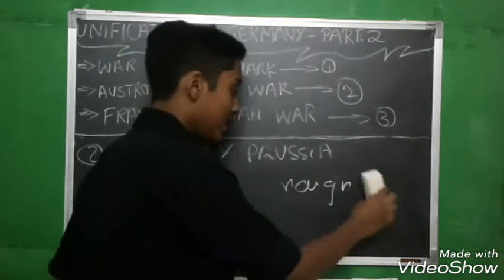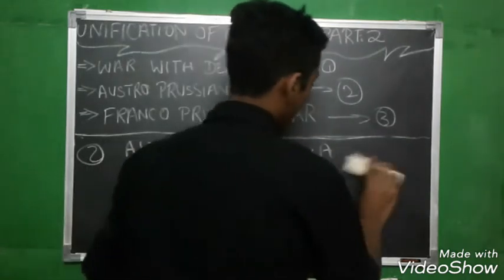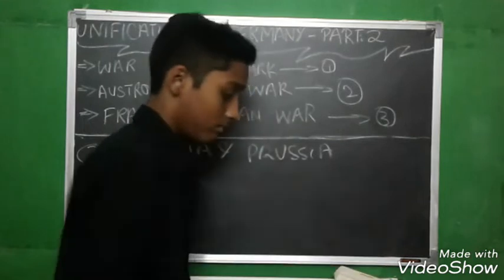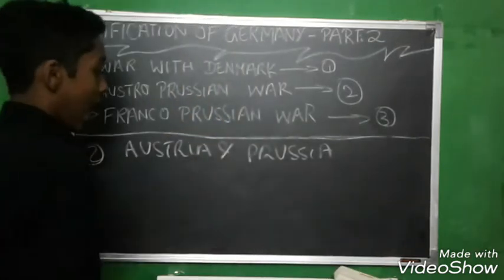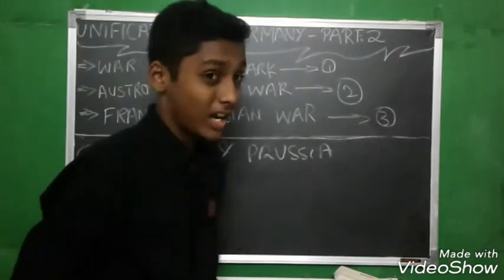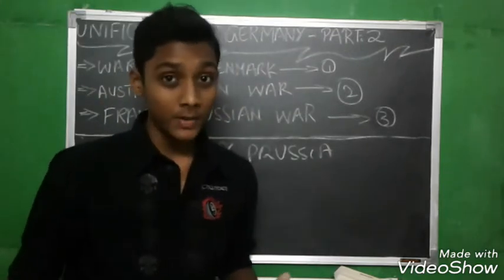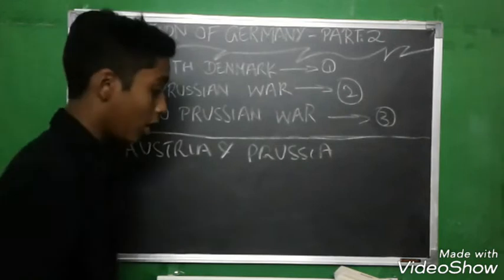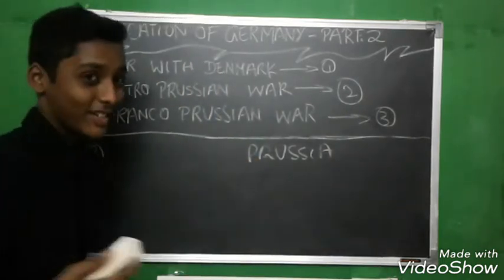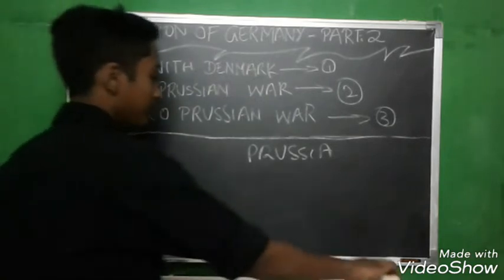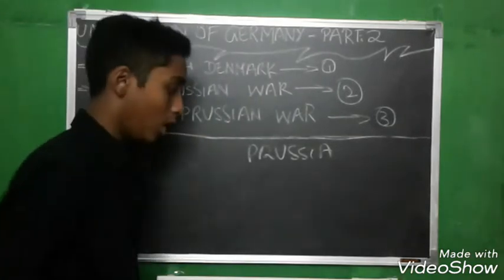The king of France thought that he would get a benefit, but no, Bismarck was really cunning, as I told you first. Prussia, like Bismarck, had many friendships. Obviously Austria lost, and this is the end of the second war.